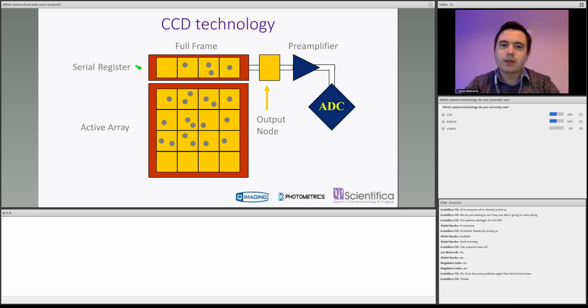So this analog to digital converter here is having to take 1.4 million pixels 10 times a second and read each pixel individually. So it's making 14 million calculations a second. It's going very quickly, even though that's kind of what we class as quite a slow readout.